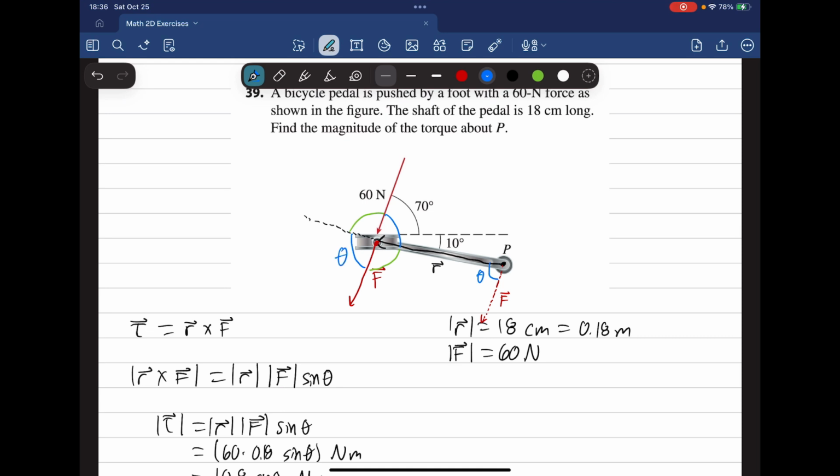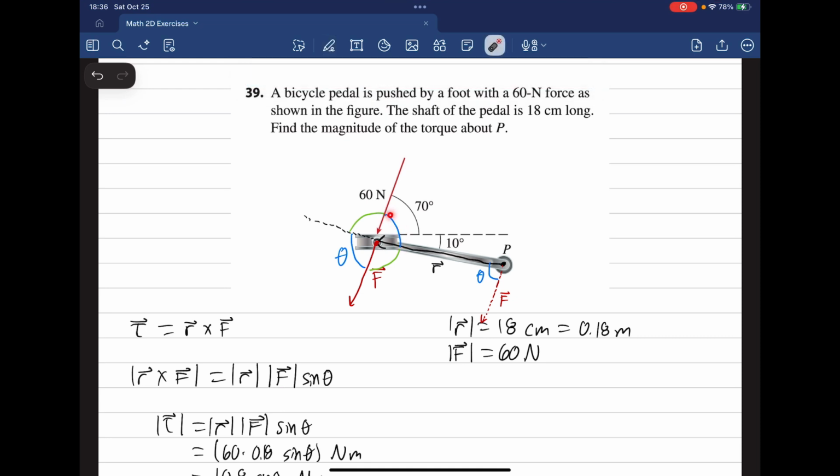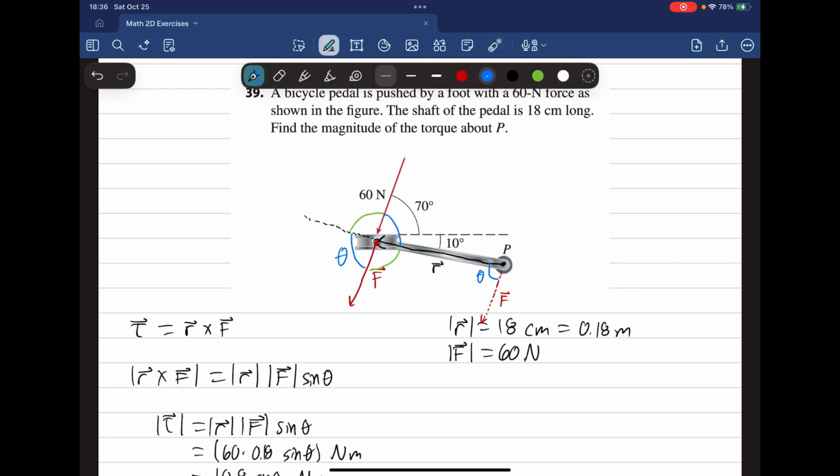But we know what this angle is. Looking at the other side, this angle has to be the same, and this angle is just the sum of the small angle 10 degrees plus the bigger angle 70 degrees. And that tells us that theta is 80 degrees.